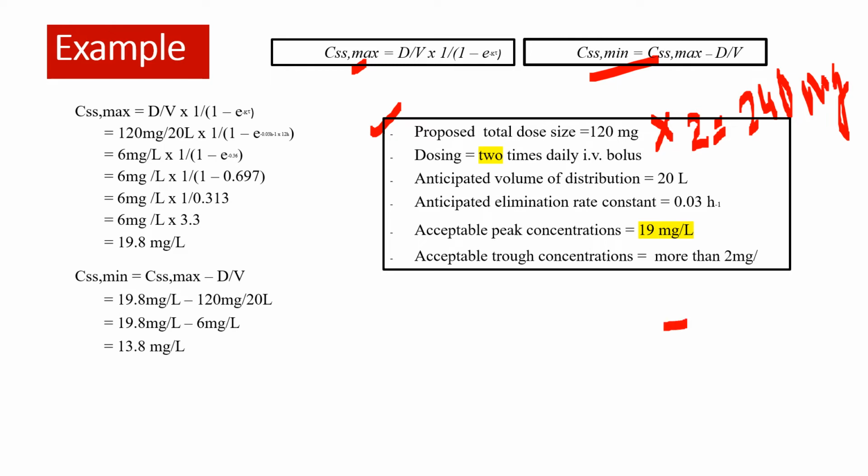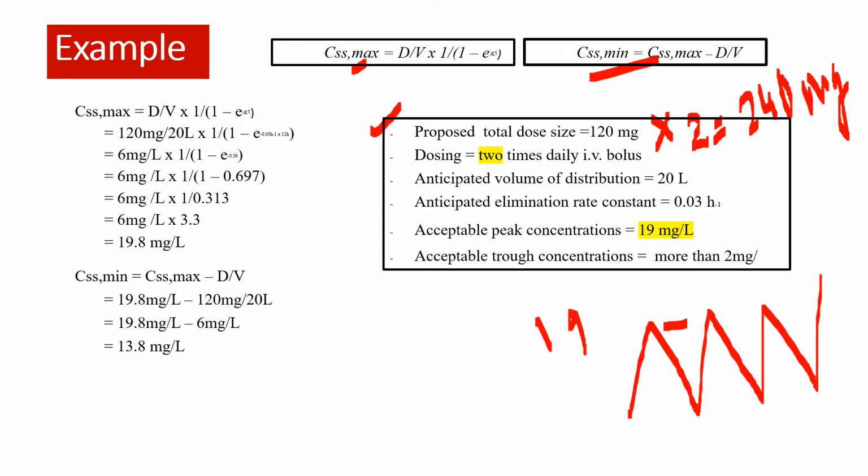So this is the peak in steady state plasma concentration, 19, and this is 2. If you give the drug 2 times daily, 120 milligram IV, the steady state plasma concentration should lie between 2 and 19.